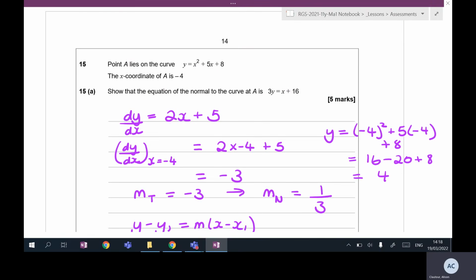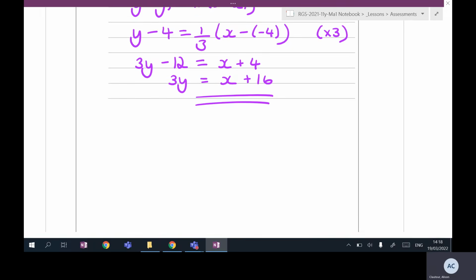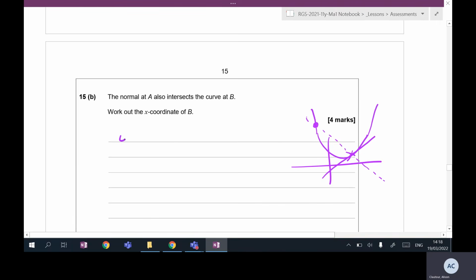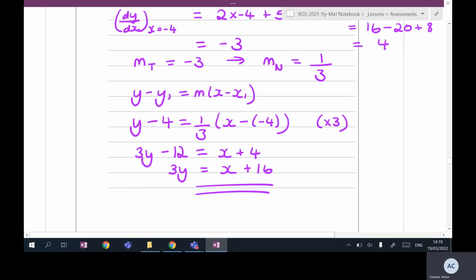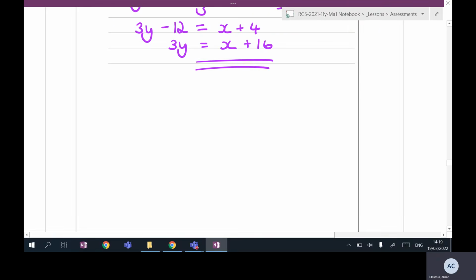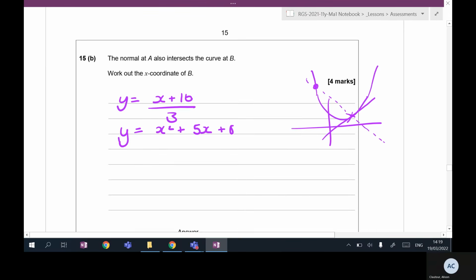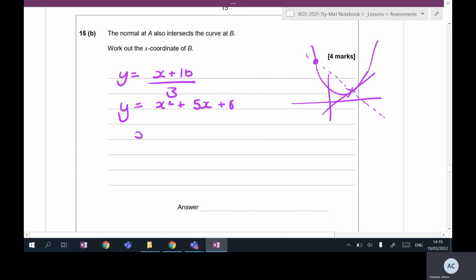So I'm going to rearrange my normal, which was here, to y equals x plus 16 over 3. Okay, so there's my equation of my normal, and my equation of my curve, remember, was x squared plus 5x plus 8. So at the intersection point, these things are equal.